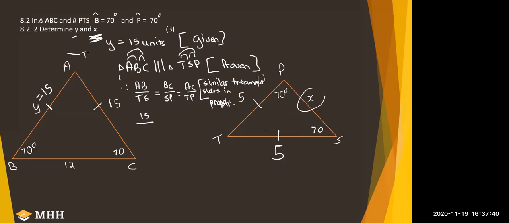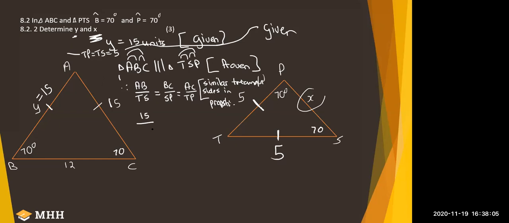TP is actually equal to TS. So you must just say what is the size of TS. And that's 5 units. Why? Because, you can just say given, right? It's given because this and that's because of the lines.